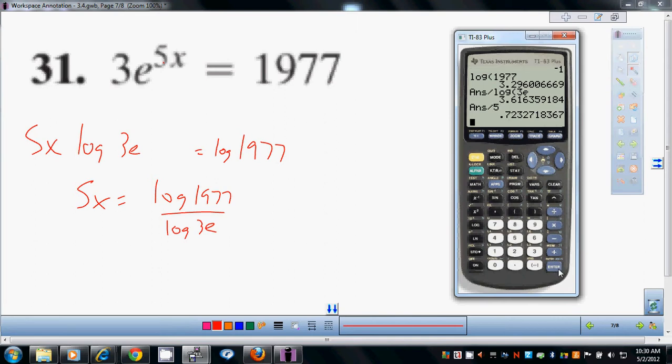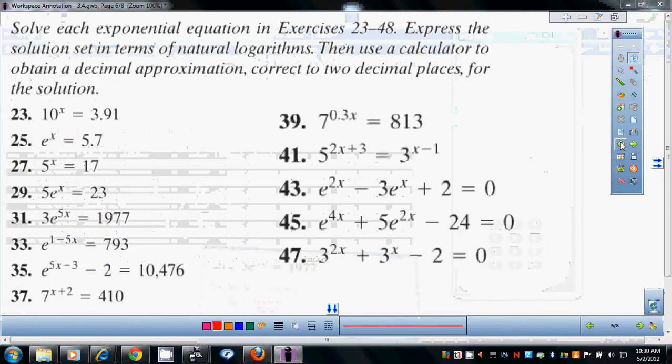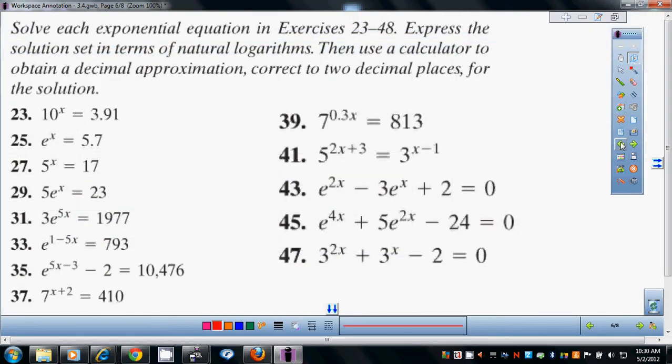Divide by 5, 0.72-ish. You're wrong. Anyway, technically you were 5 times right. Oh, it'll probably say so in the directions. Just kidding. In the directions it says for 2 decimal places.